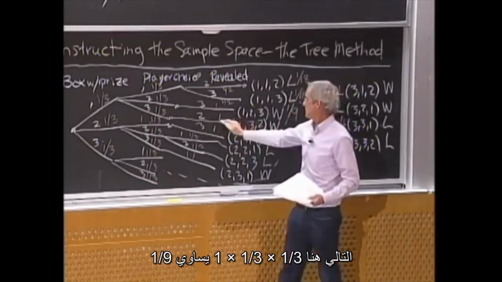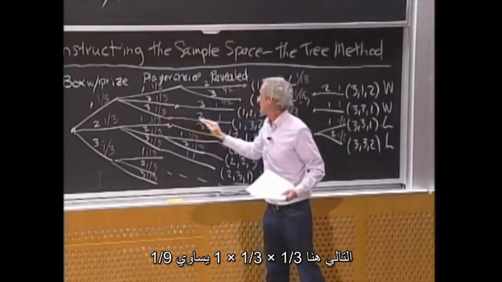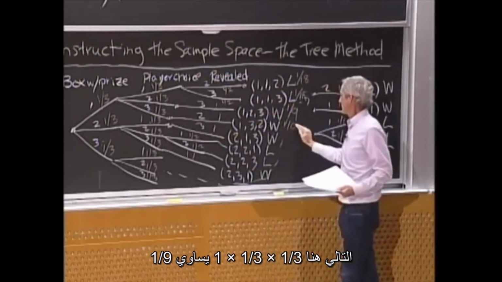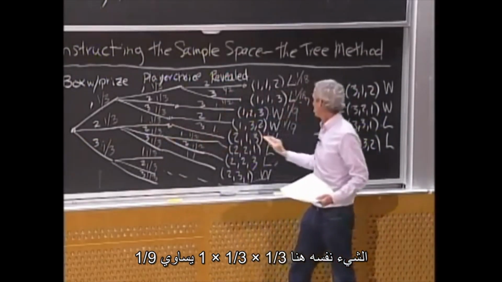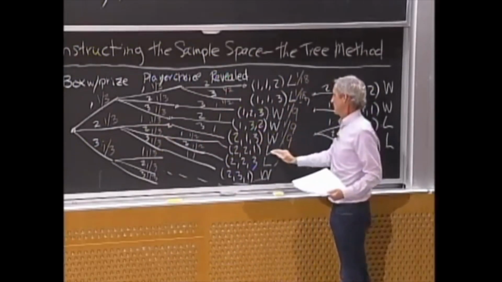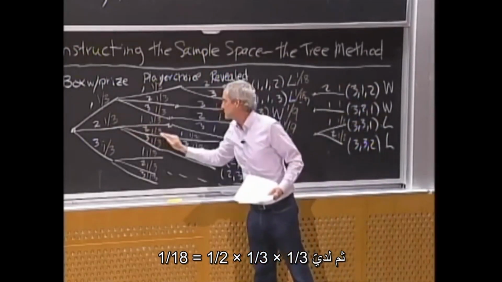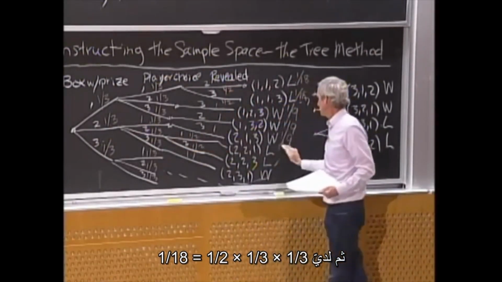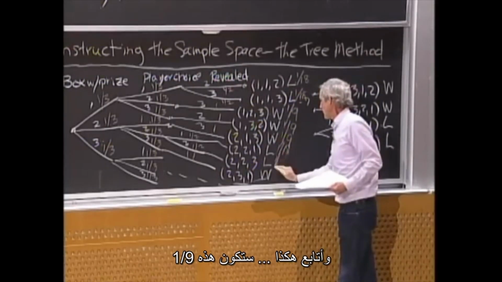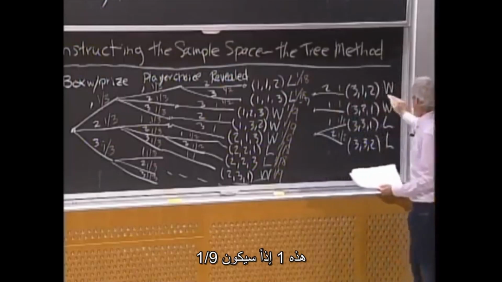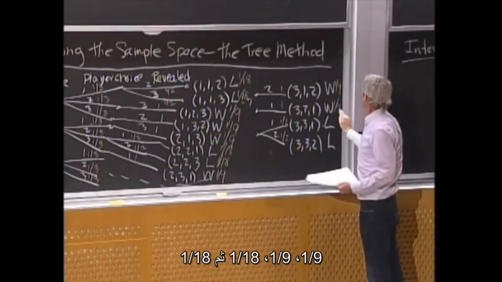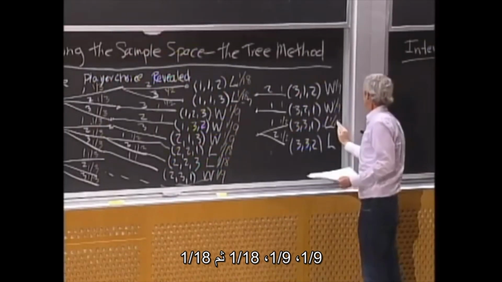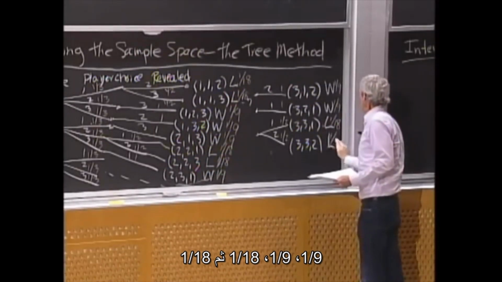The next one here is 1/3 times 1/3 times 1, 1/9. Same thing here. 1/3 times 1/3 times 1 is 1/9. Then I get 1/3 times 1/3 times 1/2 for an 18th. And I can keep on going. This will be 1/9. This one is a 1, so it's 1/9. 1/9, an 18th, and an 18th.